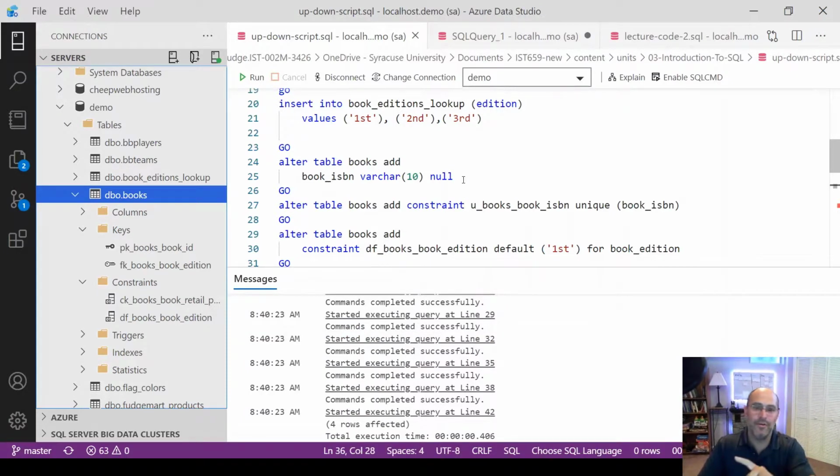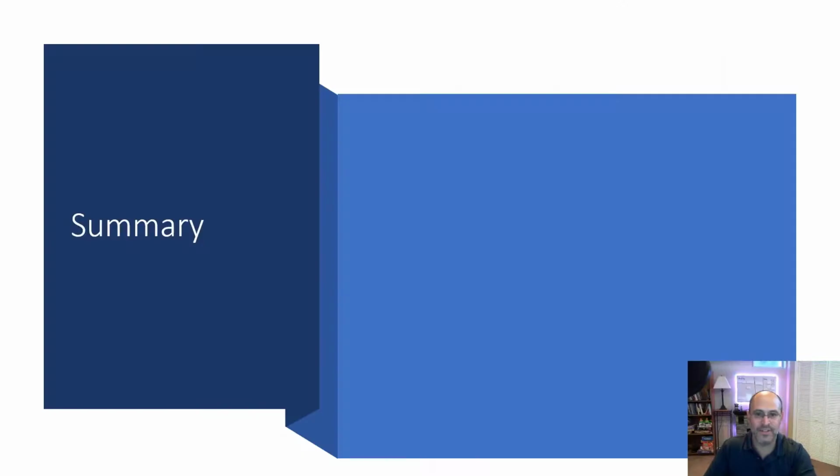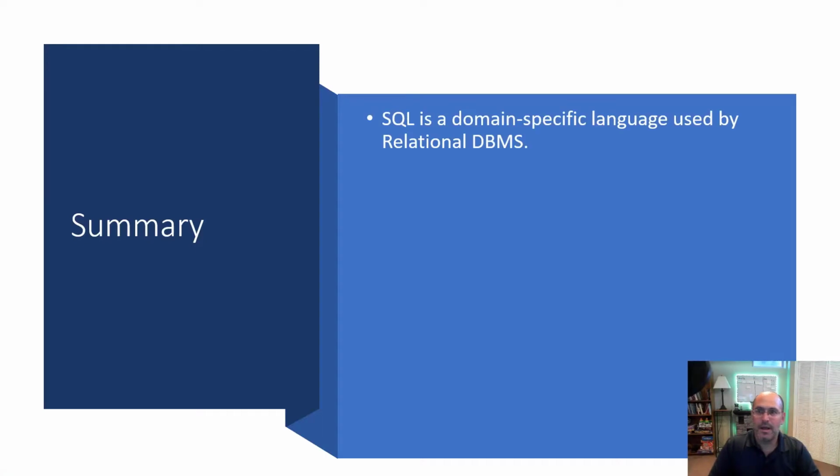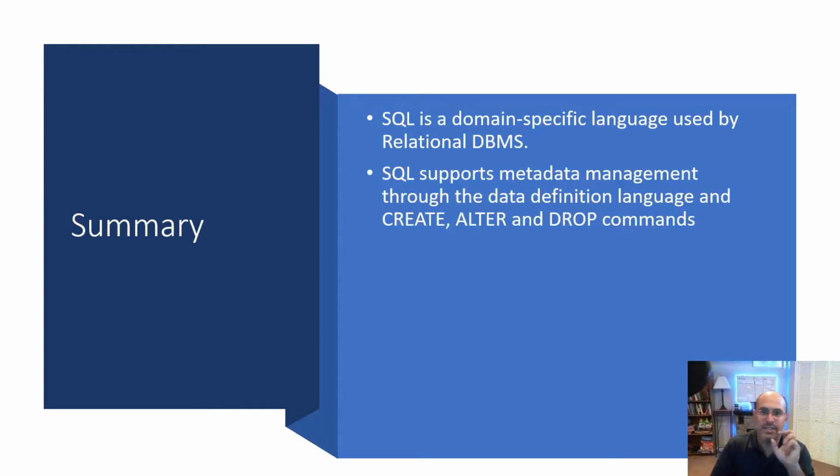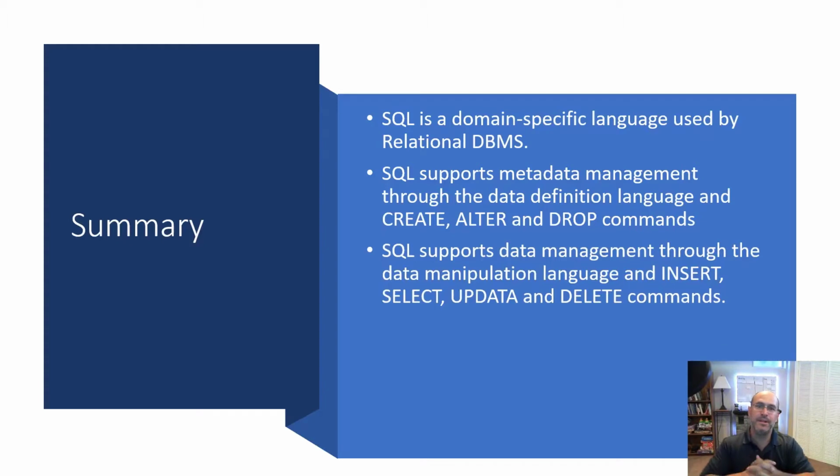So now let's go ahead and summarize. So in summary, SQL is a domain-specific language. It supports metadata management through data definition language like create, alter, and drop. It supports data management through the CRUD operations: insert, select, update, and delete.